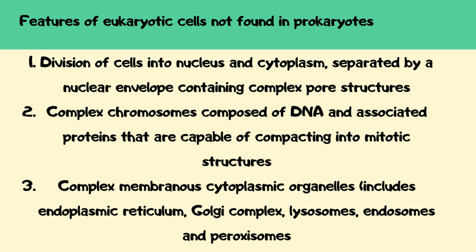The first one is the division of cells into nucleus and cytoplasm, separated by a nuclear envelope containing complex pore structure. Second, complex chromosomes composed of DNA and associated proteins that are capable of compacting into mitotic structure. Third, the complex membranous cytoplasmic organelles include the endoplasmic reticulum, Golgi complex, lysosome, endosome, and peroxisome.